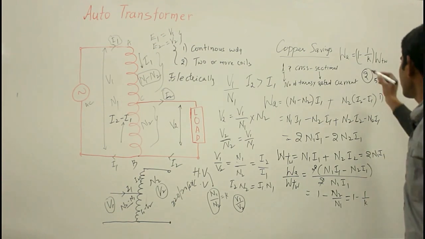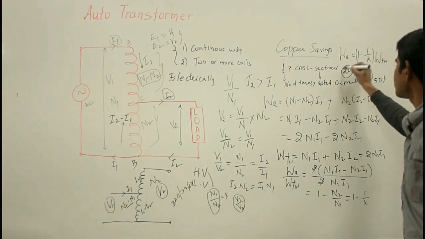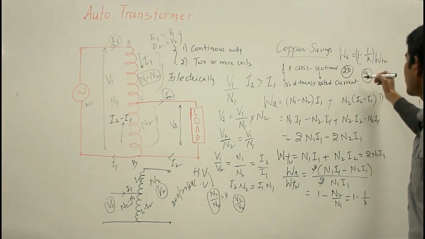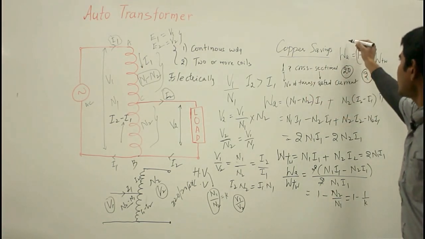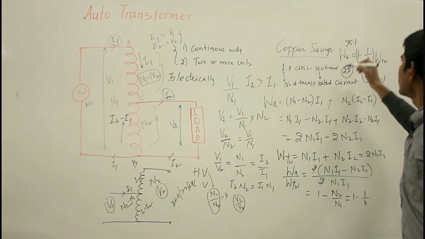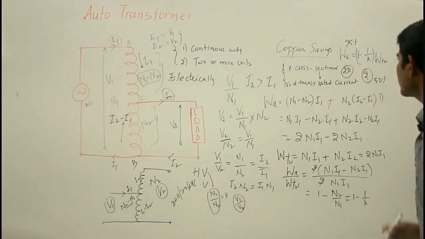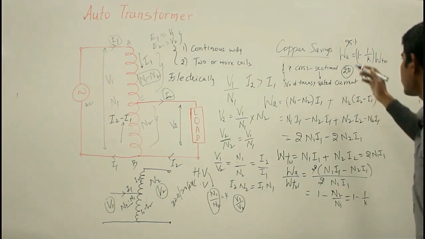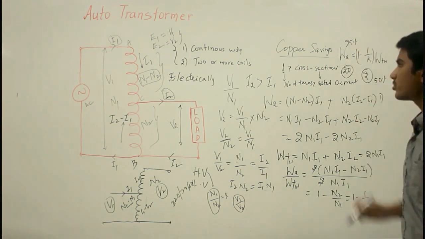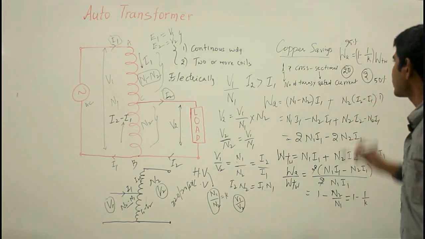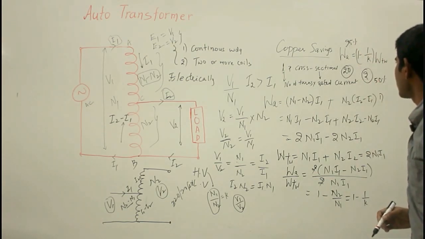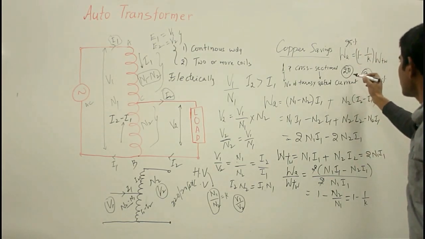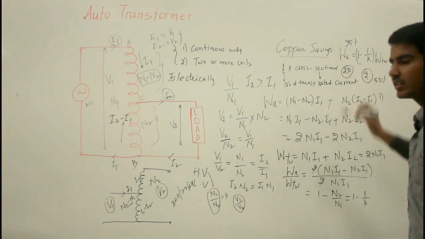Now for the transformer ratio of 20, if I substitute 20 here, my size of auto transformer will be 95% of the corresponding 2 winding transformer. That means as you increase the transformer ratio, you are going to lose the advantage of copper saving in your transformer. That means the saving of cost is not in the same proportion with the transformer ratio as you increase it.